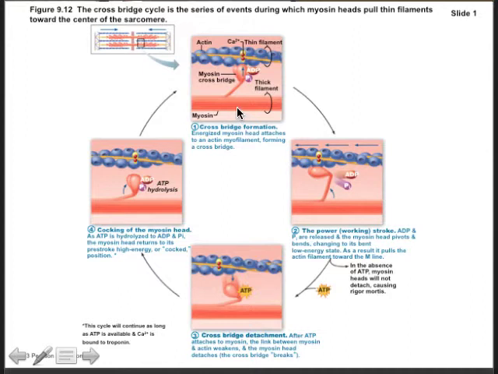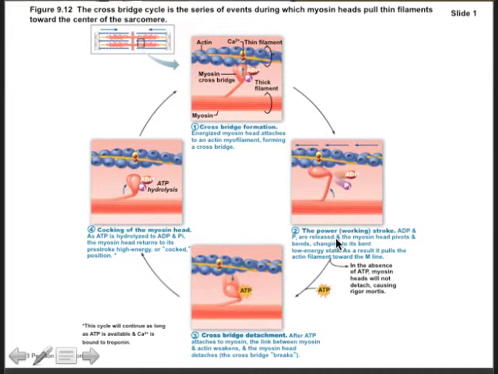In the presence of ATP, cross-bridge formation will occur. When we bind, the ATPase in the head will hydrolyze the ATP. At that point, the chemical potential energy will be converted into kinetic energy. The power stroke will ensue. The myosin heads will pull the actin filaments towards the center of the sarcomere.